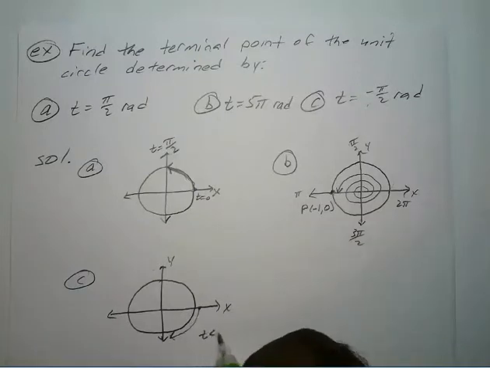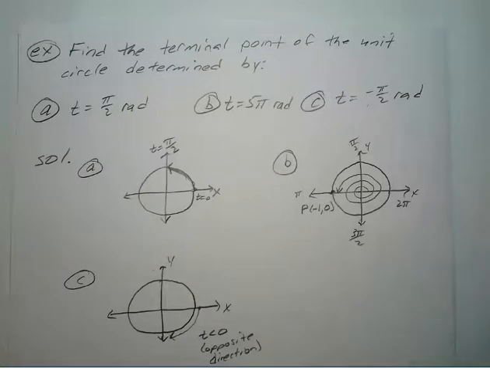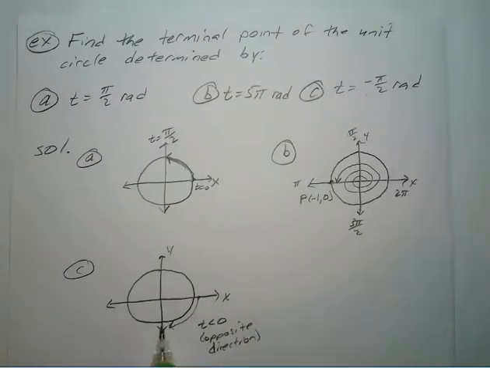Okay, so t is less than 0, opposite direction. Actually, this is your t equals negative pi over 2.